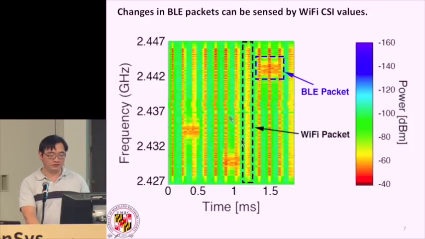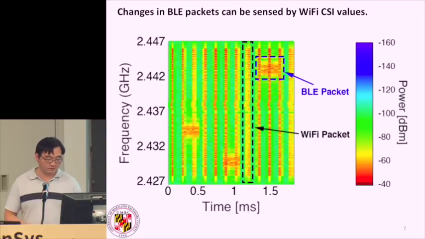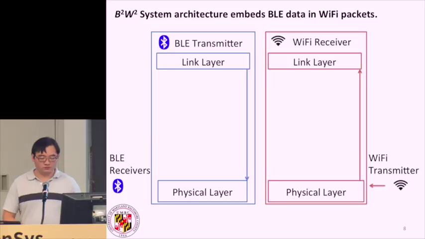This is a BLE packet. It's longer duration. Of course, it doesn't take the whole band. It uses a whole lot less bandwidth, but it lasts longer. So to summarize, we leverage CSI to measure Bluetooth, and this is how we do it.